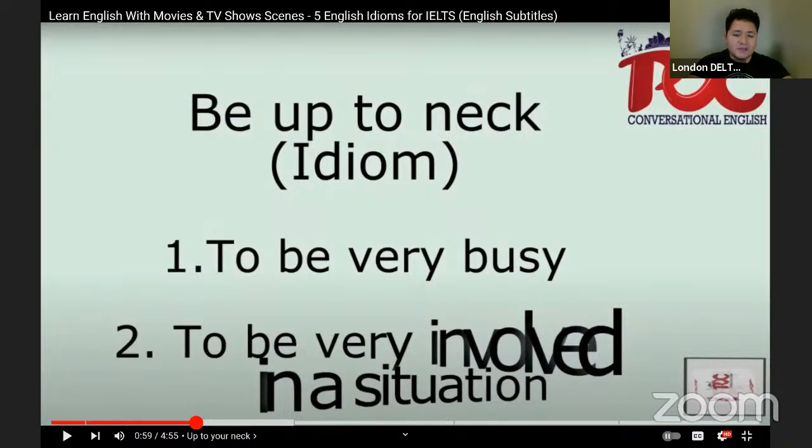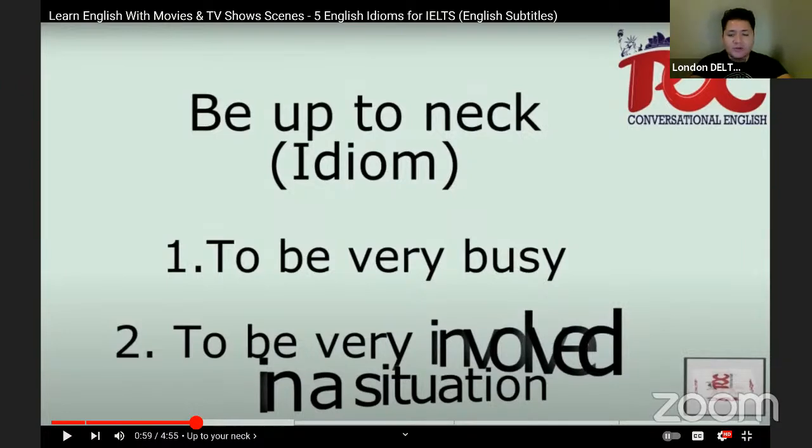Okay, so it says it has 2 meanings, right? The first one is to be very busy. When in Spanish we say the water to the neck, right? But here you don't mention water, you only say I am up to my neck. So this is when you're very busy, you're like, I'm full.